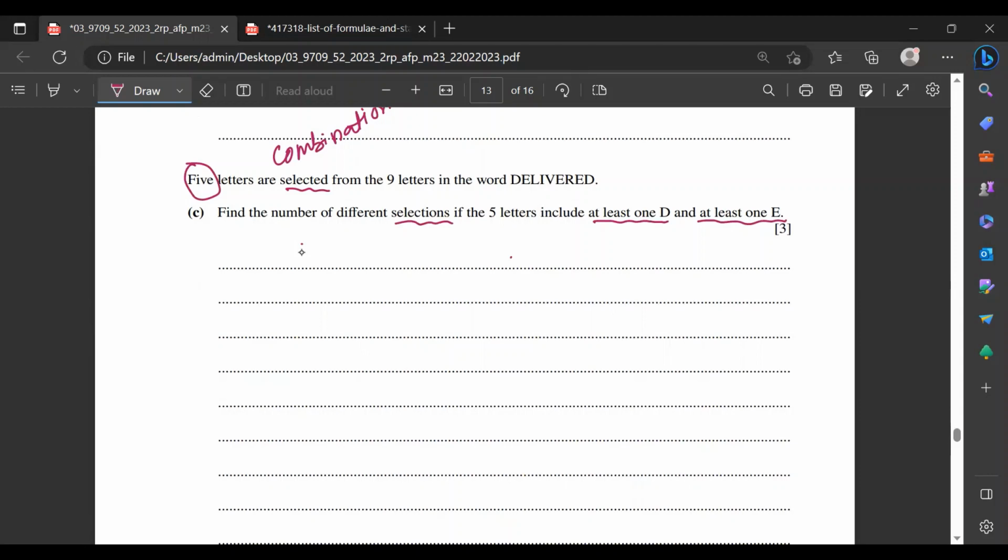One possibility is that there is 1 D and 1 E. Other than D and E, there are L, I, V, R. There are 4 things, and out of these 4, we need 3 more in order to make a selection of 5.